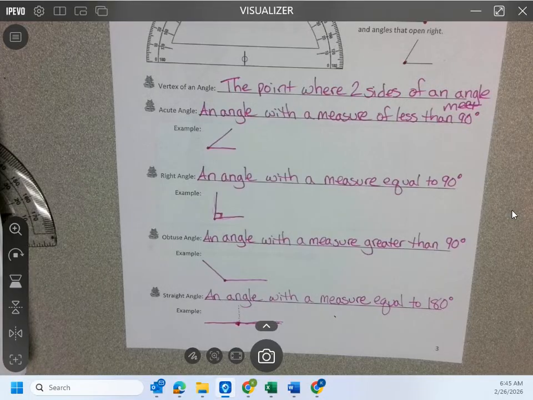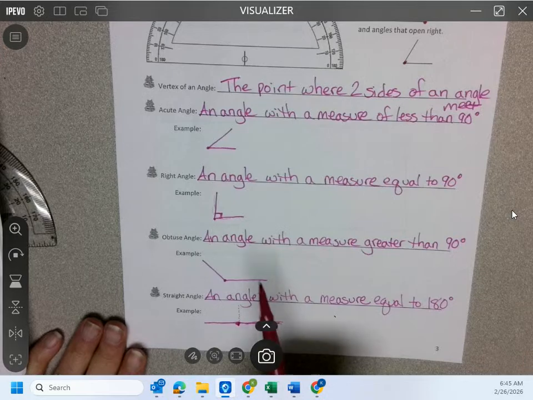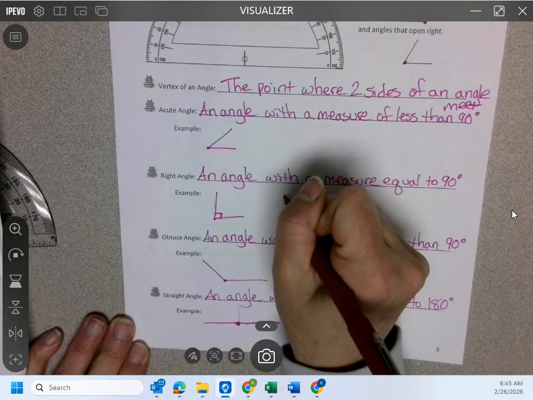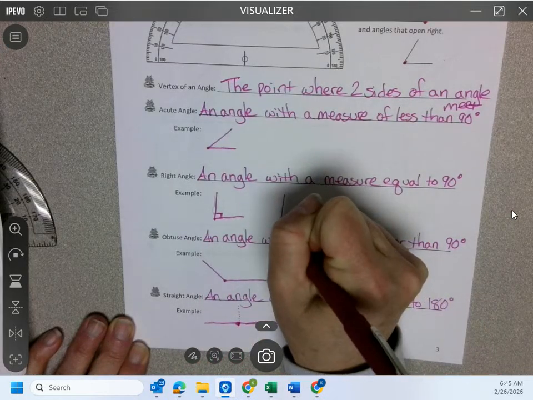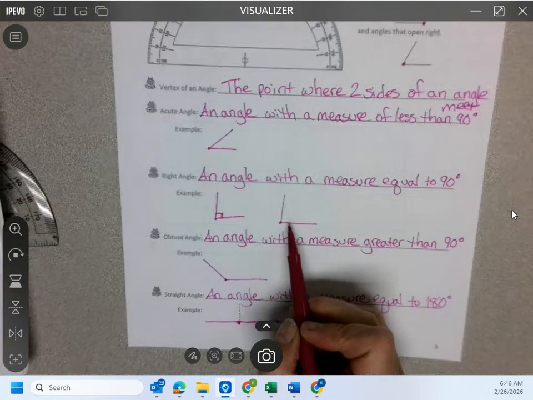So we're going to measure it, and then we're going to classify it, giving its name. Now, a lot of times people say, oh, I can just look at an angle like this and say, oh, that's 90 degrees. It looks like it. Just because it looks like it doesn't mean we can assume it, because we have to actually measure it.